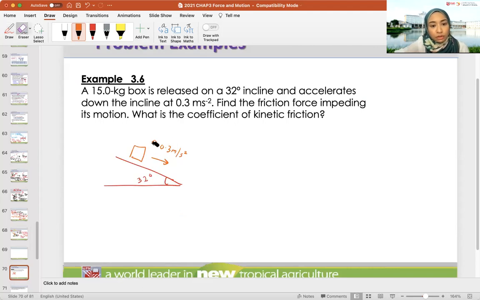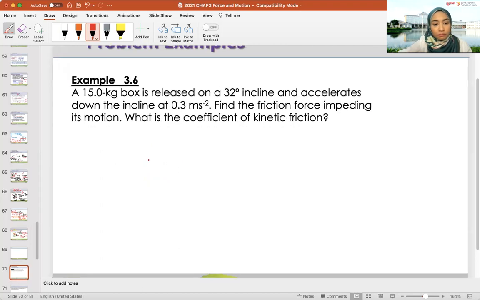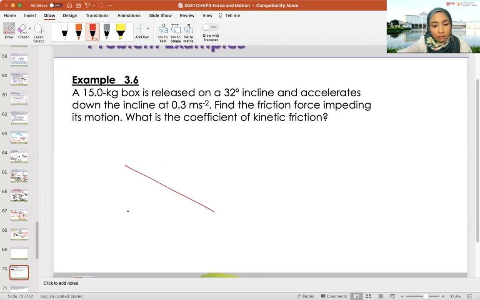I need more space to draw my free body diagram. Sekejap, saya buat besar sikit. So this is 32. This is my box. It's supposed to be touching, and then my motion is down here. A is equal to 0.3 meter per second squared.